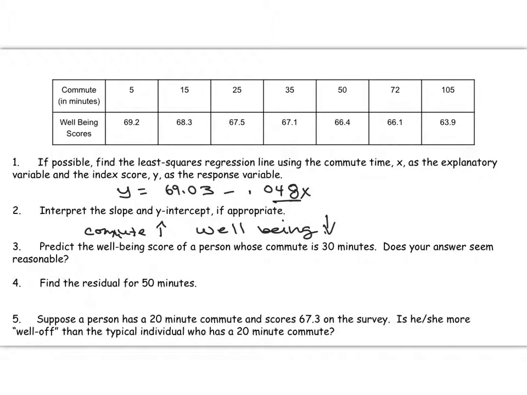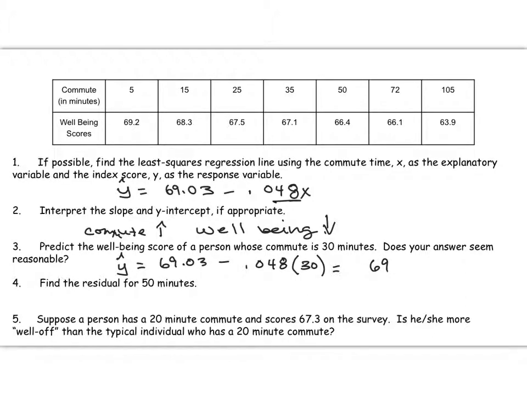So if we wanted to predict the well-being score of a person whose commute is 30 minutes, we can use our prediction equation, 69.03 minus 0.048, and for our x value we're going to put in 30, and that is going to give us a score of 69.